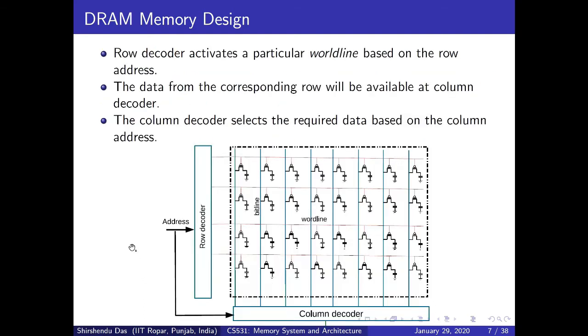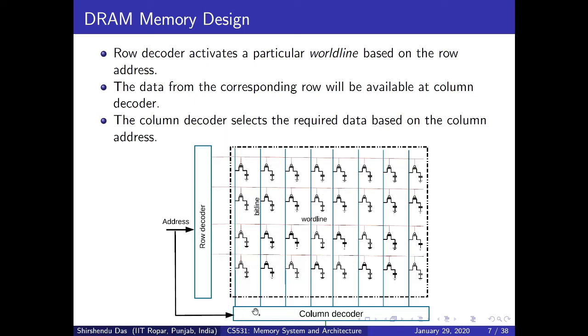Suppose we want to read row number 1 and column number 1 from this memory. Then the row address will be sent first. The address of row number 1 will be sent through this line, and this row decoder will activate this particular row, this particular word line. Once this word line is activated, all these transistors will turn on, and the information stored in these capacitors will be available through these bit lines.